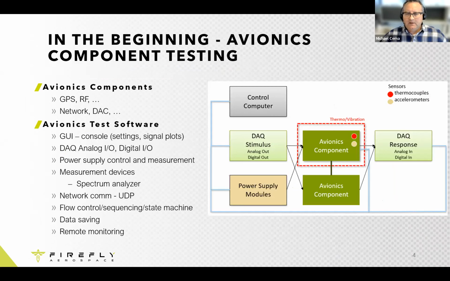In the beginning, we obviously have desktop avionics component testing going on. In this typical scenario, you have an avionics component that you place inside a chamber to test how it performs under heat, duress, or vibration.